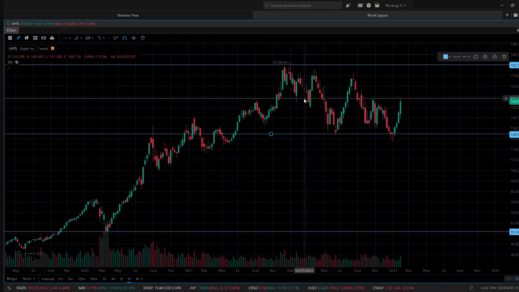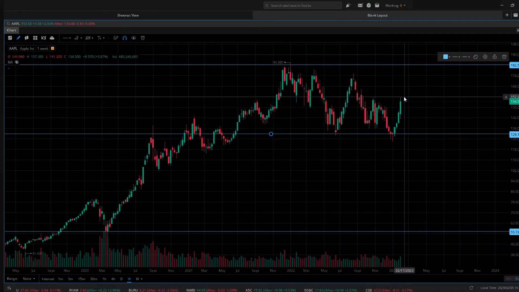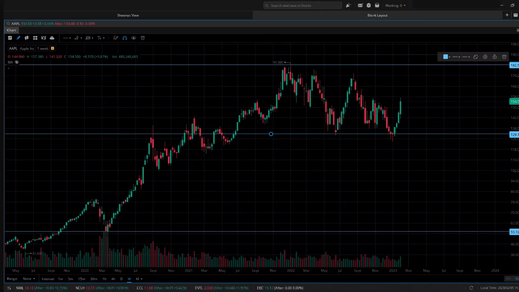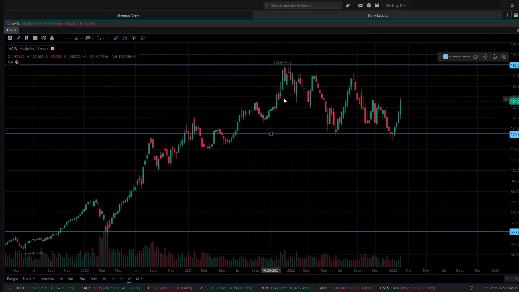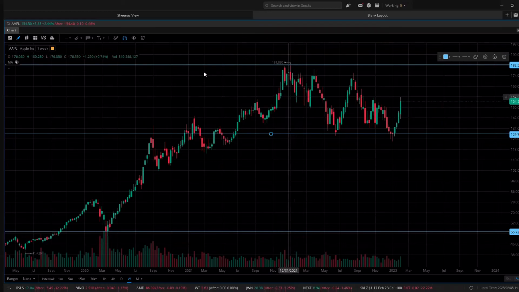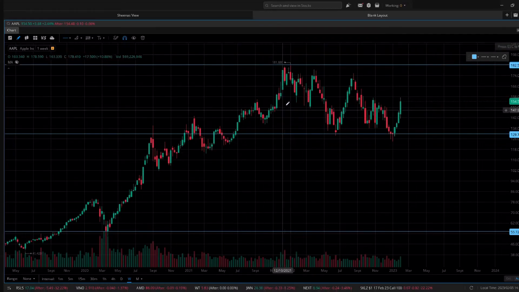So psychological levels of support and resistance are areas at whole dollars, 25 cent levels, 50 cent levels, and 75 cent levels. Just keep that in mind. And as you can see, the stock does follow that pattern a bit. Right now, we can even call this area right here potentially a level of intermediate or short-term resistance.